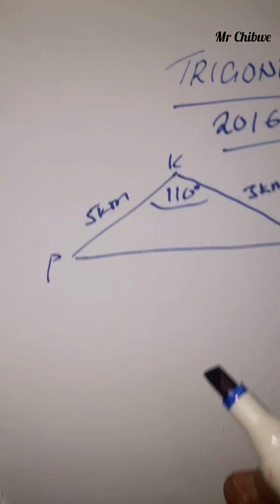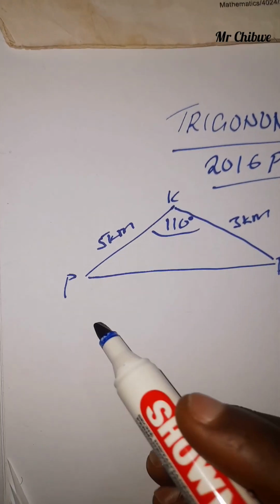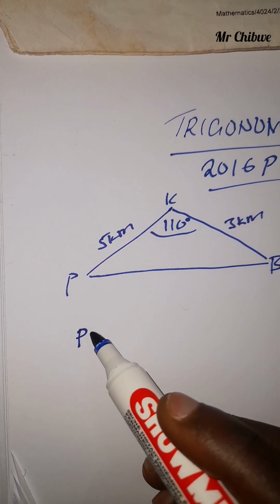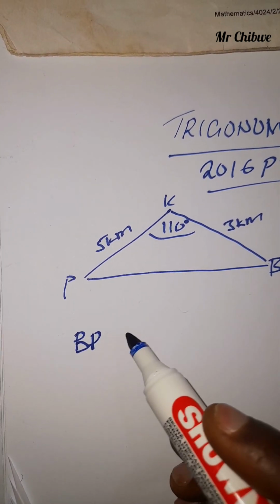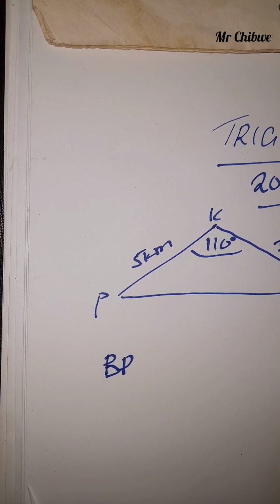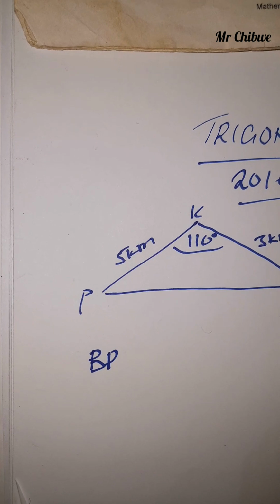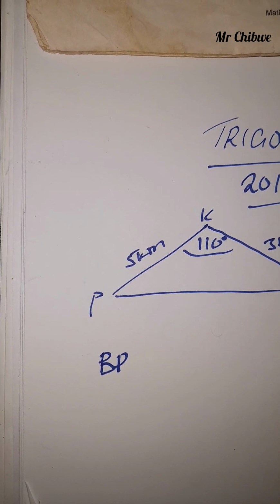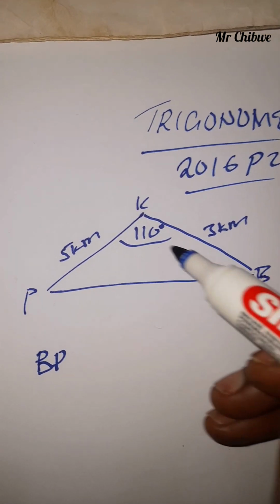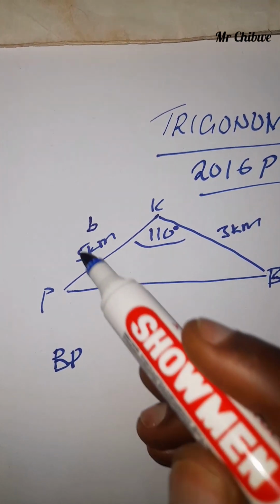Now, to calculate BP, first, under trigonometry, capital letters are used for angles and small letters for sides. So opposite to this angle is this side, which is small letter b.